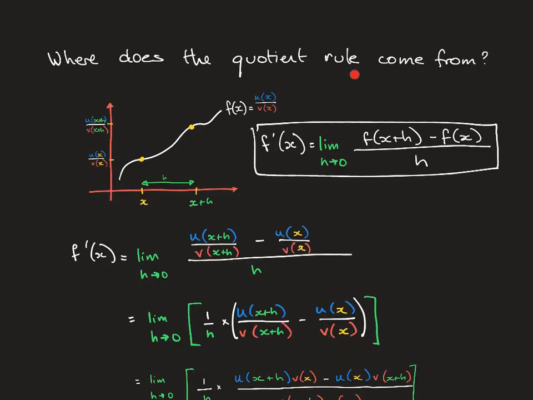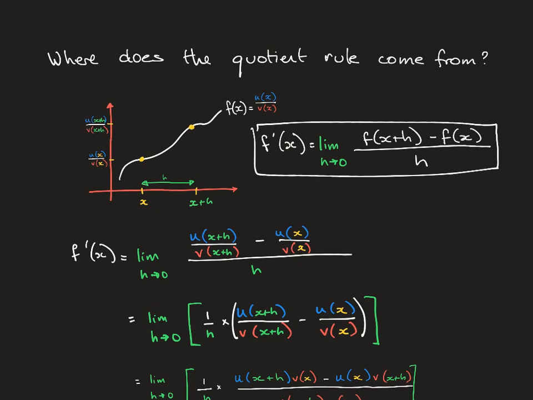So where did they get the quotient rule from? Well, if you start with a function that is a smaller function divided by another smaller function, you can use first principles for the derivative of that point and substitute in your f of x plus h. So f of x plus h is u of x plus h over v of x plus h.